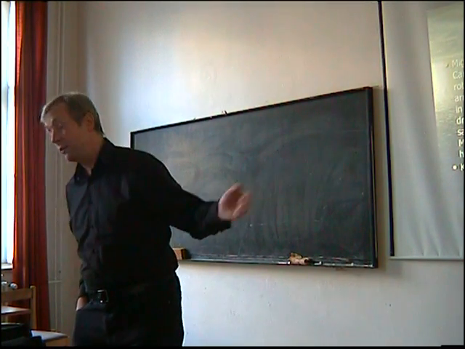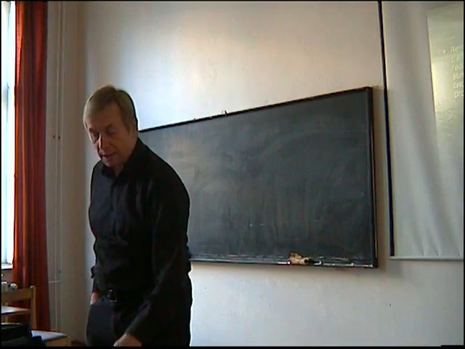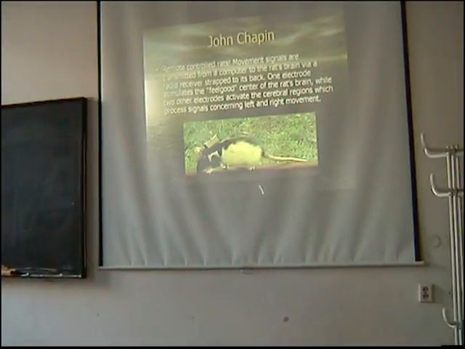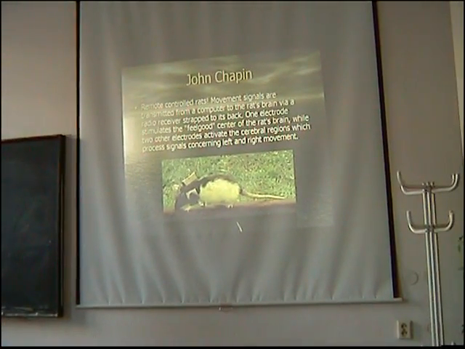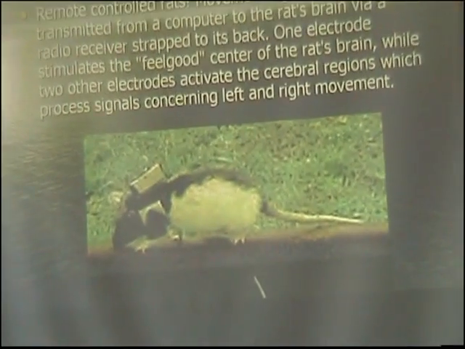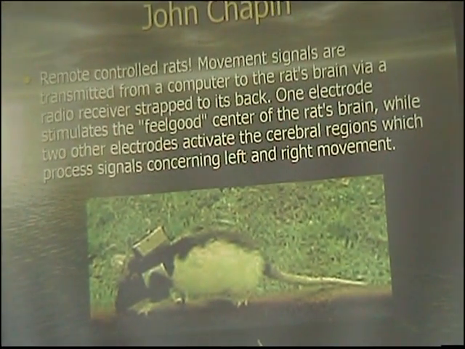John Chapin, I was saying about the other linking up to the brain to control movement and things like that. He's been doing this sort of thing with rats for some time, based in New York, and there are two parts to the experiment.